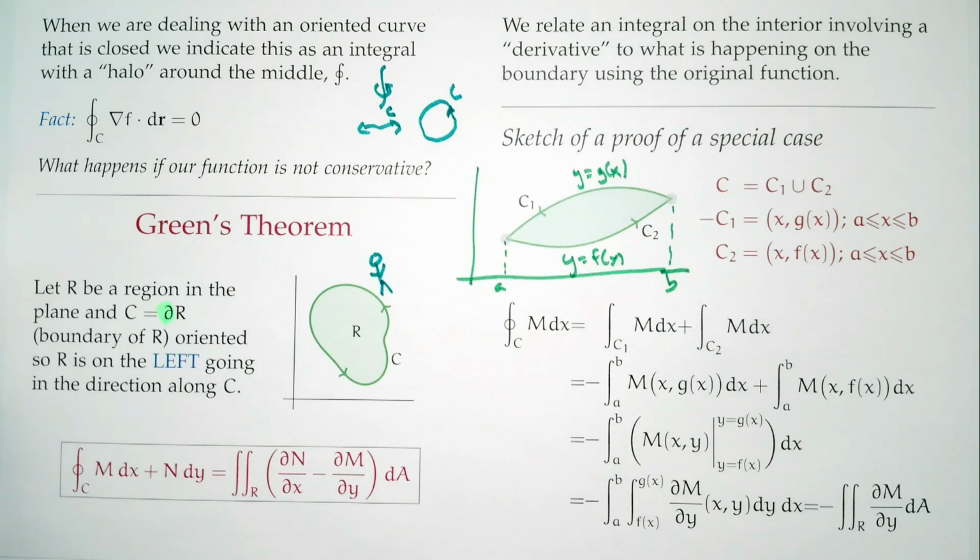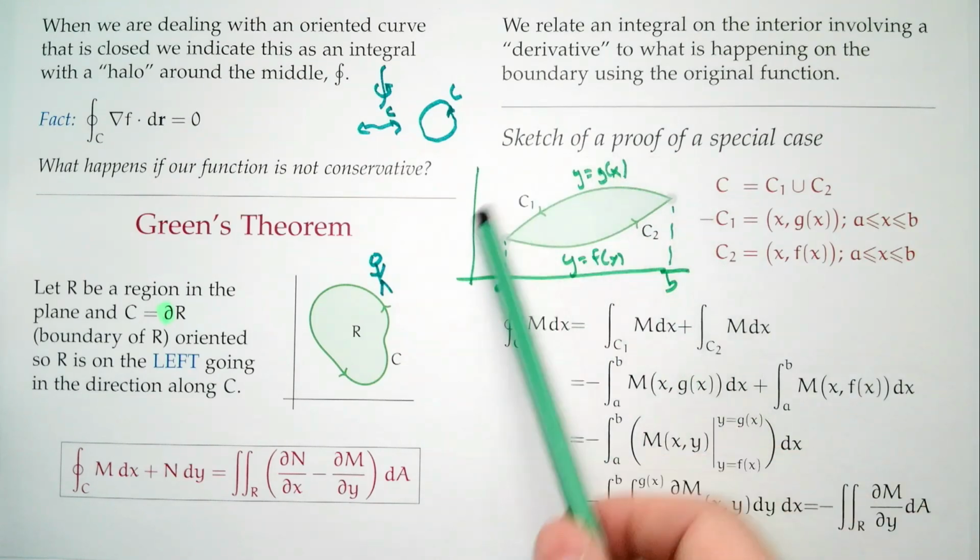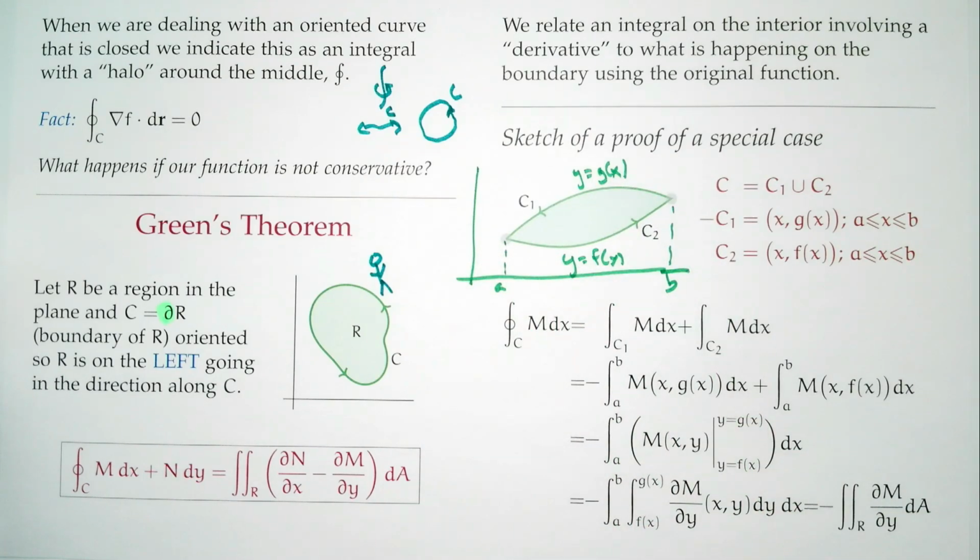So we can say that the integral along the boundary of M dx, well, I can always take any curve and break it up into pieces. So it's the integral of the top curve plus the integral of the bottom curve. Now how do we integrate these? Well, we can use the parameterization.